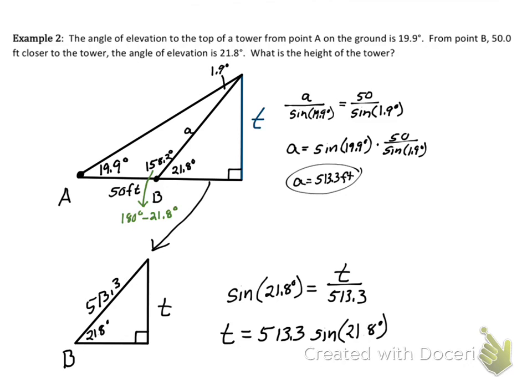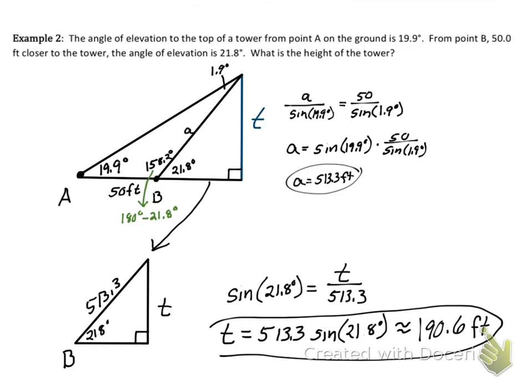And can someone give me that value? Not Callie, because she got me my last one. Charlie? 190.6. 190.6 feet. I believe I rounded it to 191, but I like 190.6 feet.